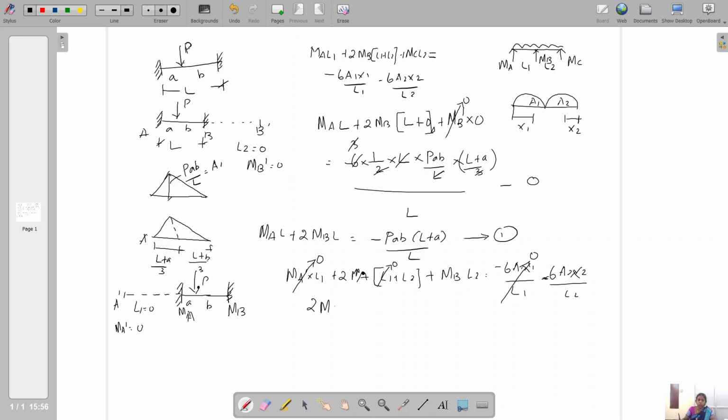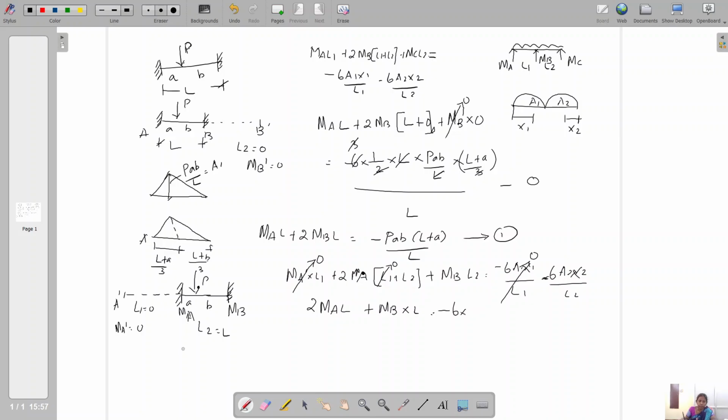Now 2MA into L2, where L2 is the span here, which is L, plus MB into L2, which is now L, equal to minus 6 A2.